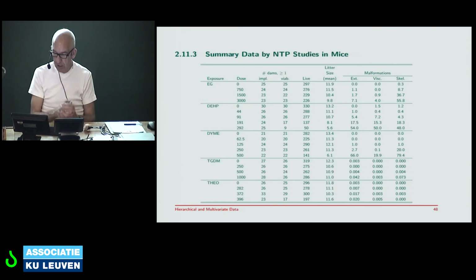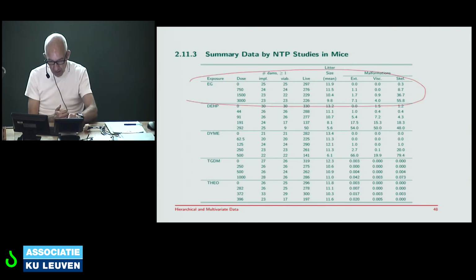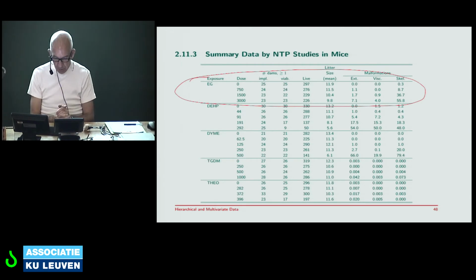Such a piece of information can be the proportion of fetuses with one or other malformation. So, for example, if you look at the top panel, and it's there also for the 2 other studies, DHP and DIME, but also for 2 more, TGDM and theophylline. You see the dose levels.